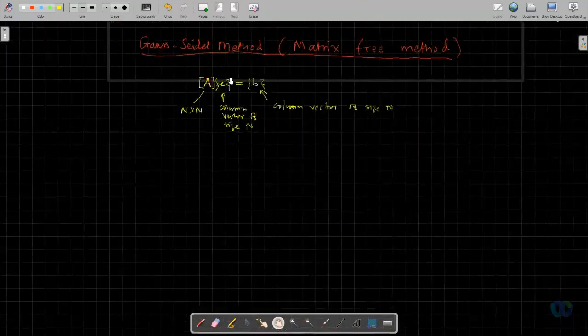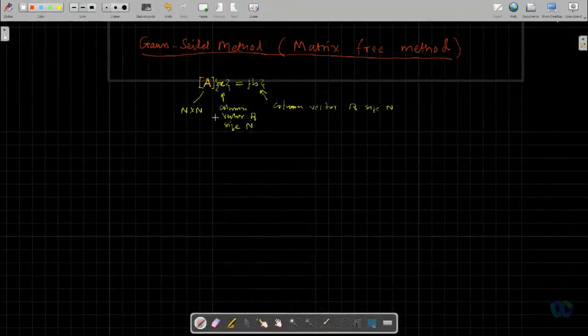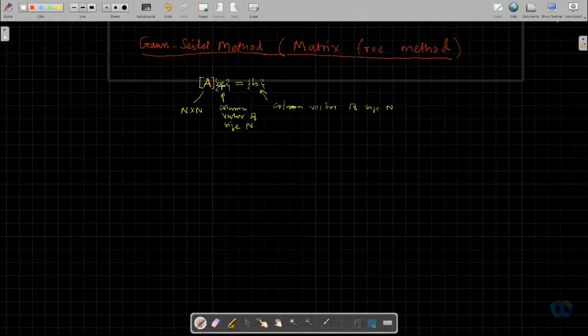Okay. So this is the structure of that. As we said, in all iterative methods, rather than solving directly, we solve for a guess value. For any guess solution, we can define a residual.